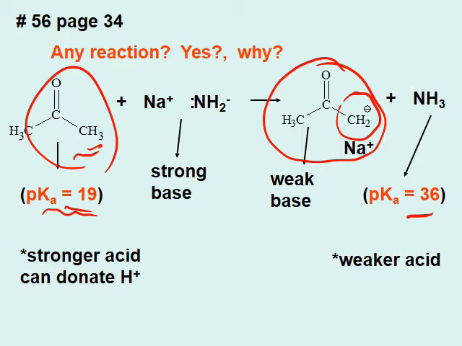So between these two, since this is a stronger acid, you are seeing that this stronger acid is losing its H+, and NH2 minus is grabbing that H+. And so a reaction like this is going to happen. On the other hand, if this were a stronger acid, or the pKa value was lower, then the reverse reaction would be happening, but the forward reaction would not.